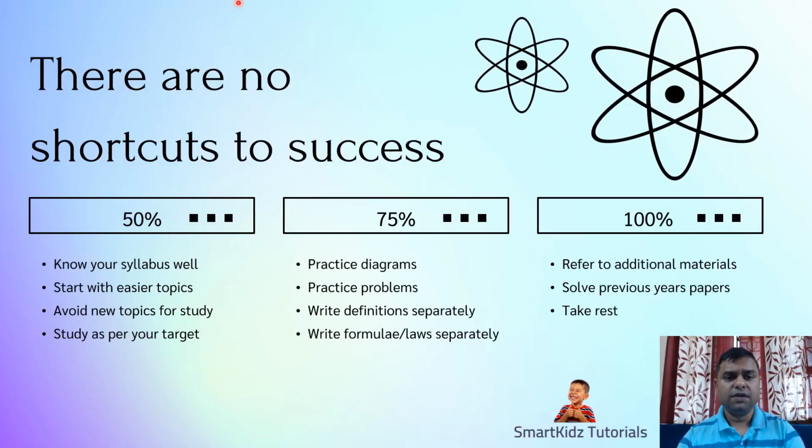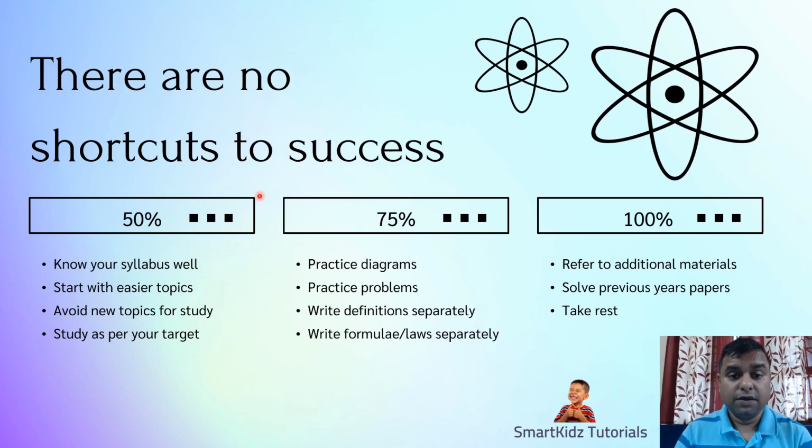Now, there are no shortcuts to success, but we can work hard and increase our chances of success. How successful we are depends on how much hard work we have put in, and how smartly we have worked towards reaching that success.